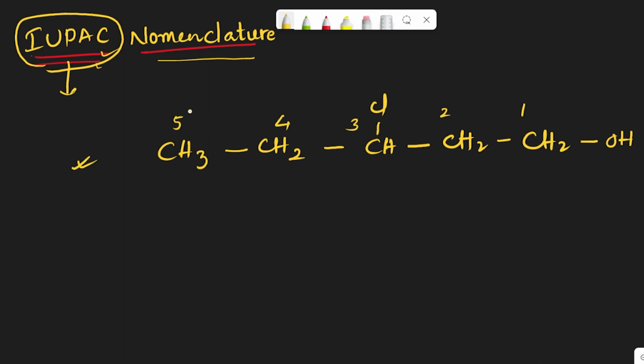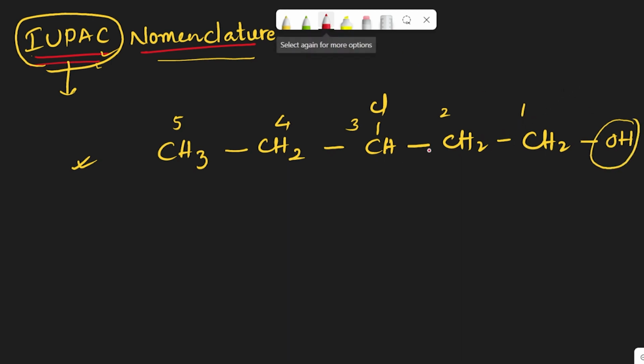I will explain all the topics very clearly, so you need not worry about it. So it contains 5 carbons, and at the third carbon it contains a chlorine substituent. Now what is the name of the compound? Here it contains an OH group, an alcohol group.